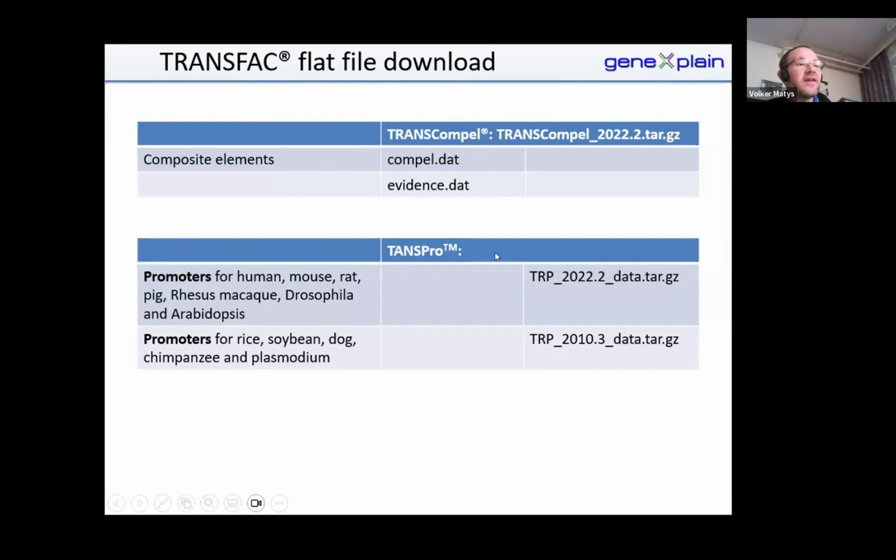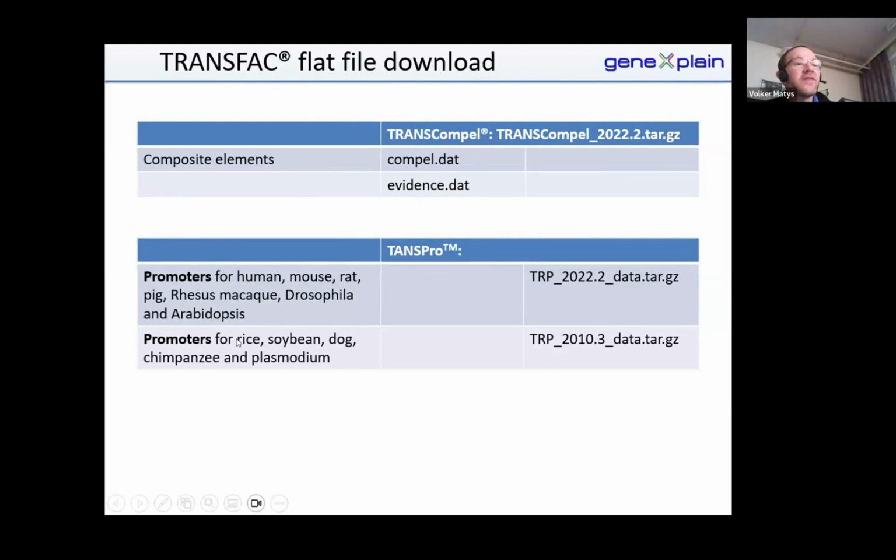And here the TRANSPro or promoter database. There are two archives here, one for the promoter sequences from human, mouse, rat, pig, rhesus macaque, Drosophila, and Arabidopsis, and one from rice, soybean, dog, chimpanzee, and plasmid.